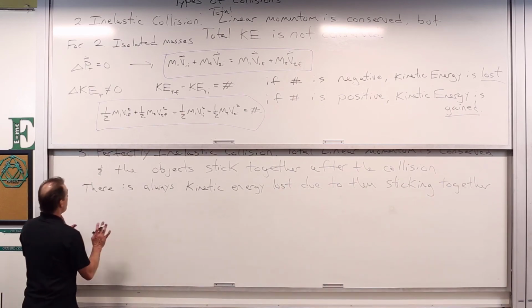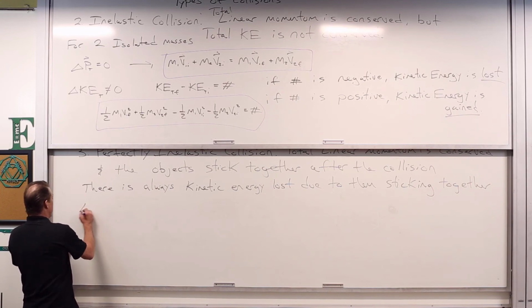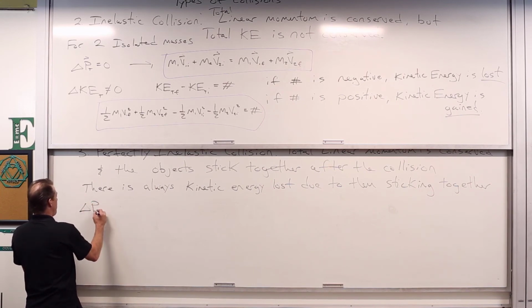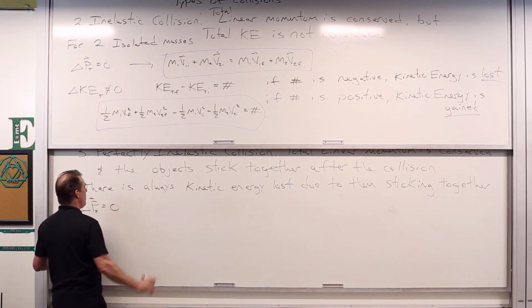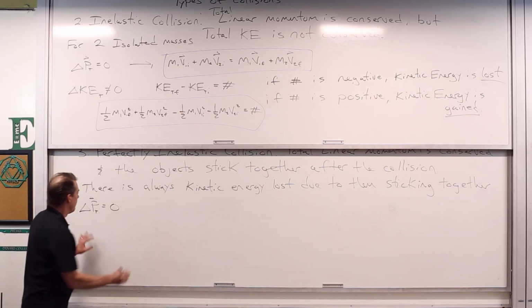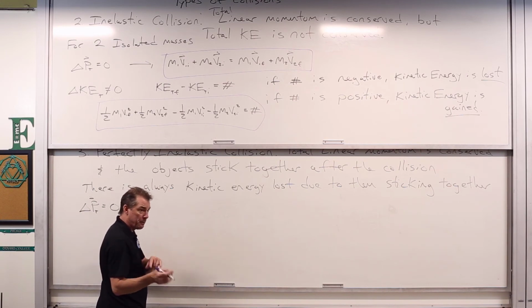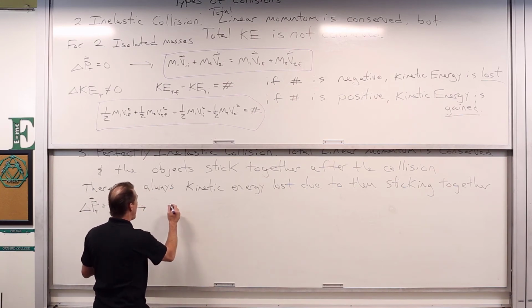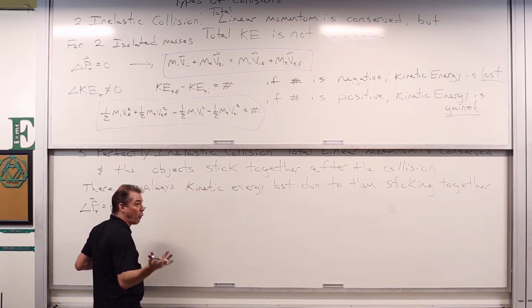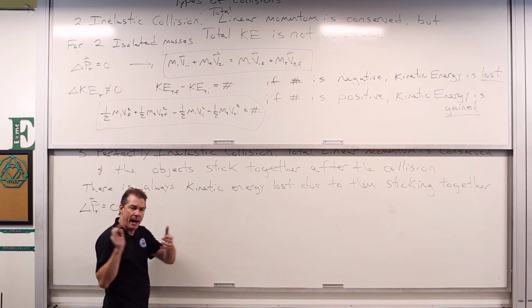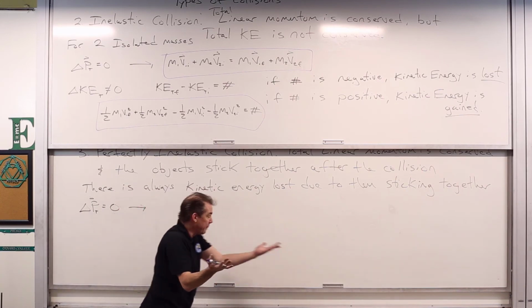So with this perfectly inelastic collision, again, we've got that delta P total hat is equal to 0. This looks a little bit different now, because we have the total initial momentum being equal to the total final momentum, but the objects stick together and form one common mass. It moves together as one mass, right?